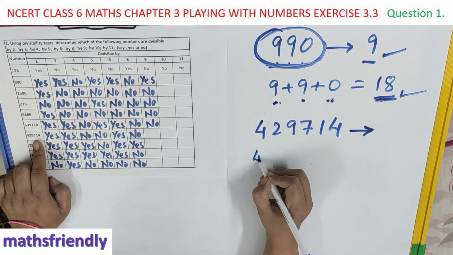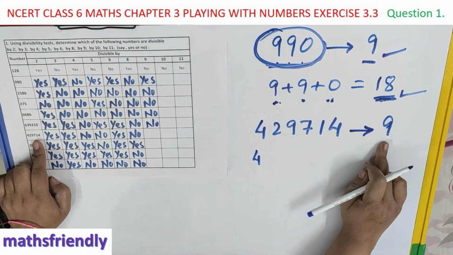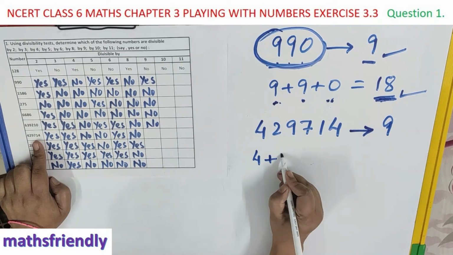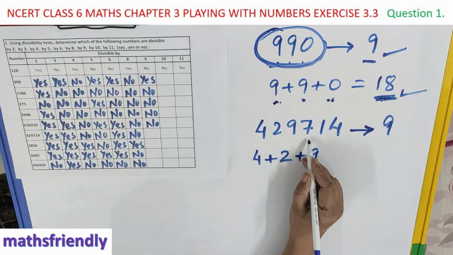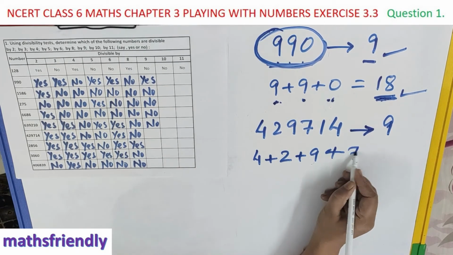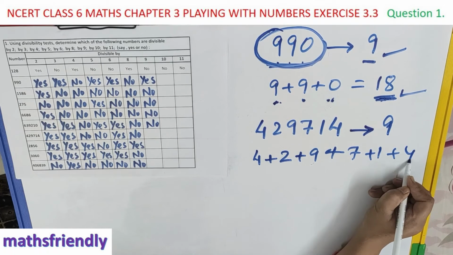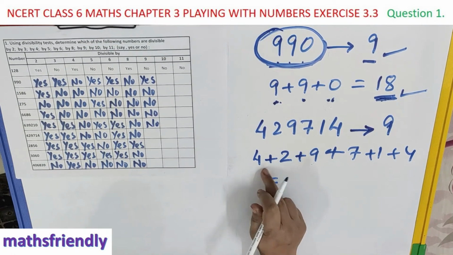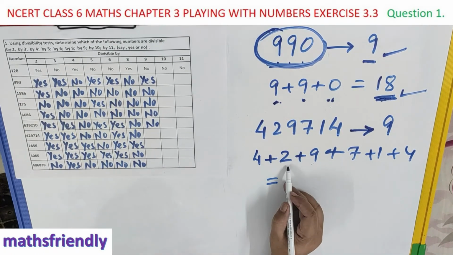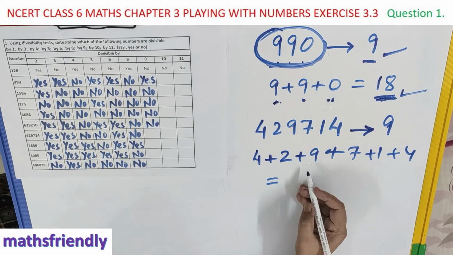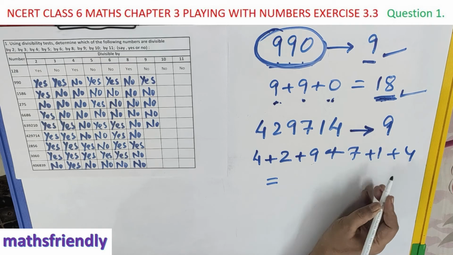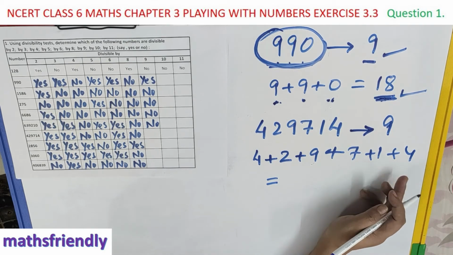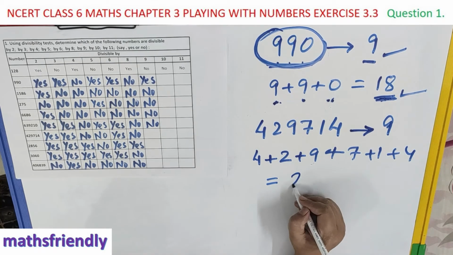4297114. Whether this number is divisible by 9 or not, we have to add the digits of the number. 4 plus 2 plus 9 plus 7 plus 1 plus 1 plus 4. What is the sum of these digits? 4 plus 2 is 6, 6 plus 9 is 15, 15 plus 7 is 22, 22 plus 1 is 23, 23 plus 4 is 27.